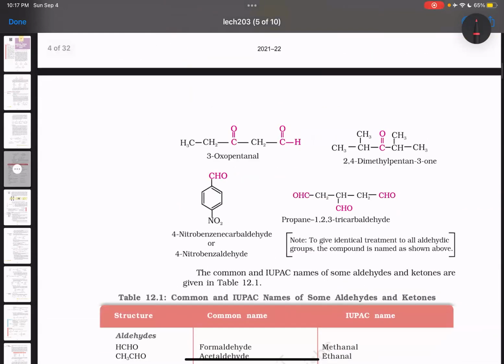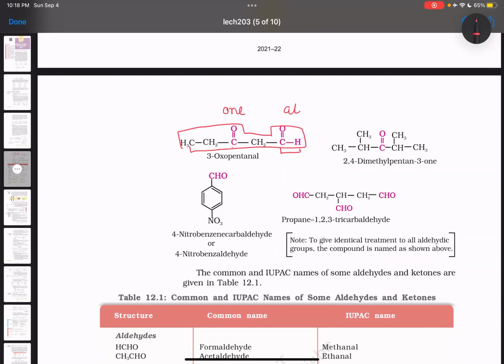Suppose this is the main functional group, aldehyde, and this is a ketone, but the main functional group is aldehyde. So you need to write it as pentanal. Aldehyde has more priority than ketone.